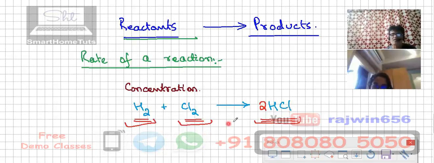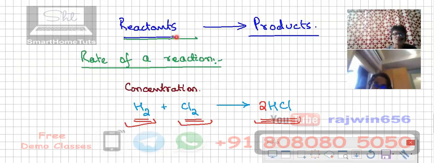Now, how fast is this going to happen? That is going to give us the rate of a reaction or rate of a chemical reaction. So we can define rate of chemical reaction like this. It is the change in concentration of the reactants or change in concentration of products with respect to time, or you can simply say it is the increase in concentration of products or decrease in concentration of reactants.